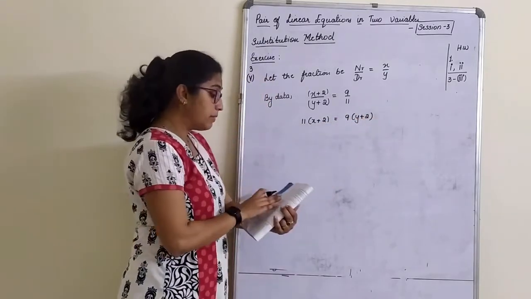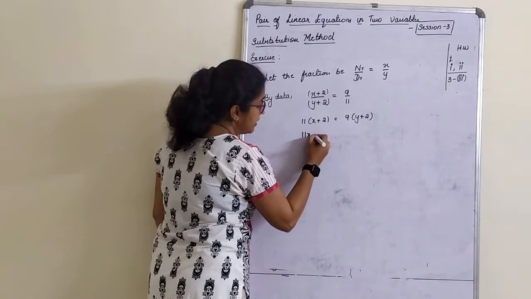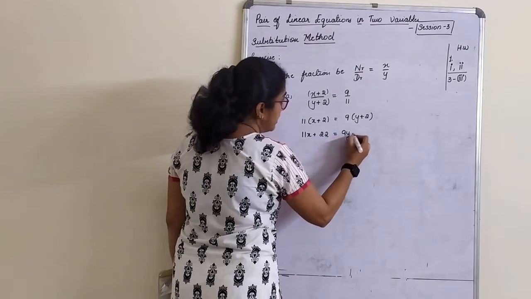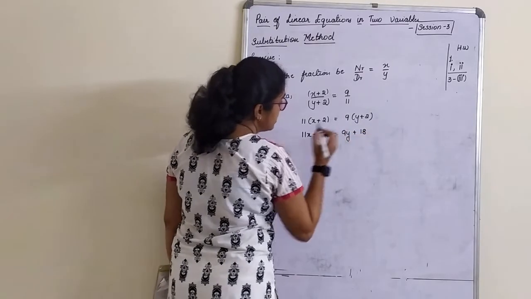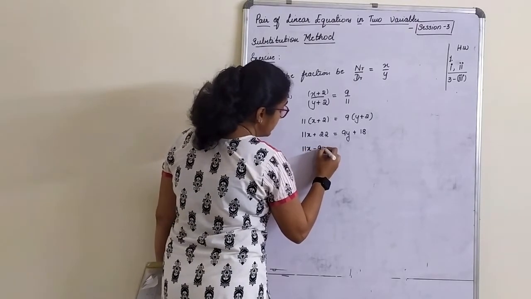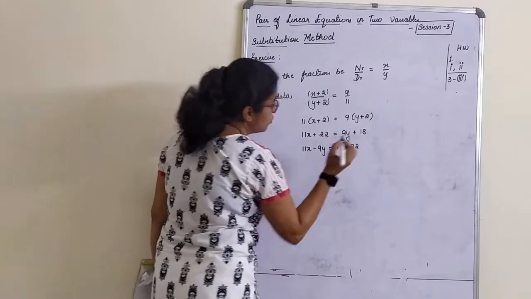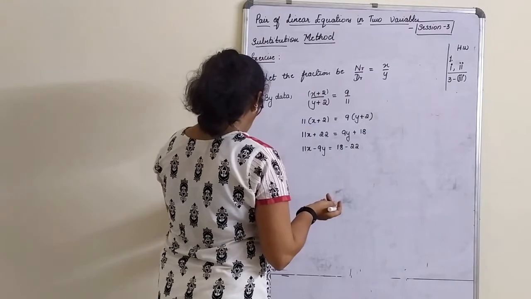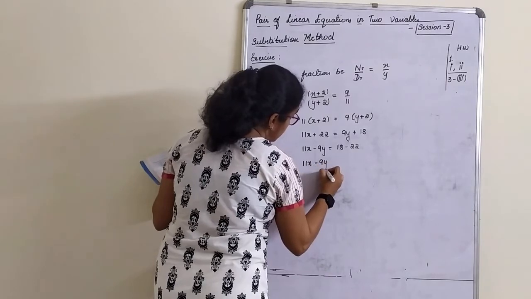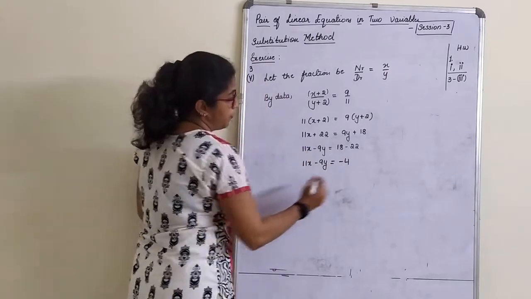So this is 11x plus 11 twos is 22 is equal to 9y plus 9 twos is 18. So what we will do now here, 11x minus 9y is equal to 18 minus 22. So that is the first equation. What you frame here is 11x minus 9y minus 4.